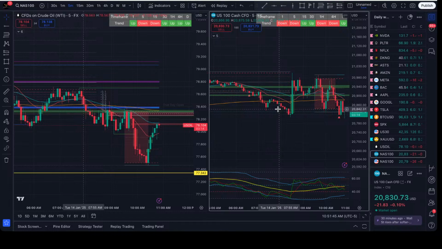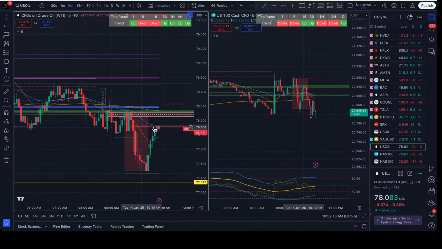Right at that 50, still taking its time. We want to bounce off this fair value gap, bounce off that 50, and then let's see if we get that bearish confirmation we're looking for.